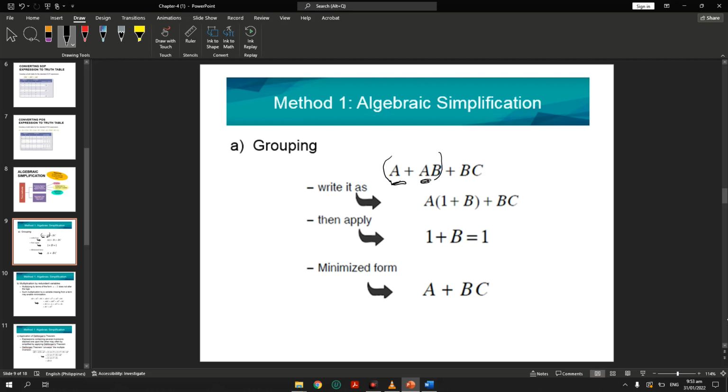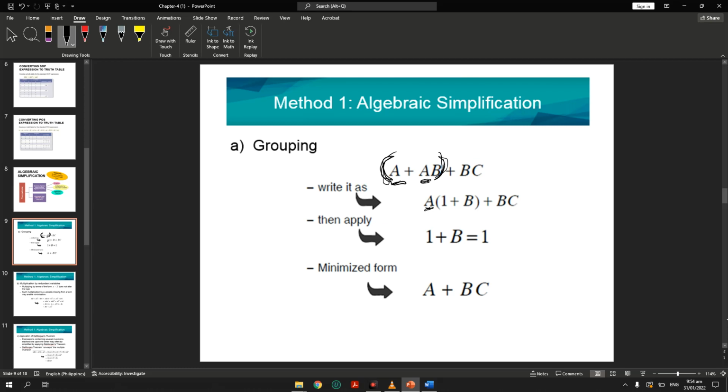What is common in this group is the coefficient A. So if we group A from these two expressions, what remains is 1 plus B, plus BC.